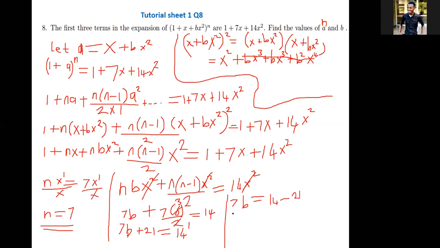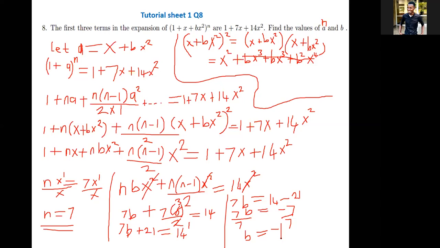So 14 minus 21 will give you negative 7. Then when you divide both sides by 7, you find your b to be negative 1. So you found your n and your b. This is how you go about this question.